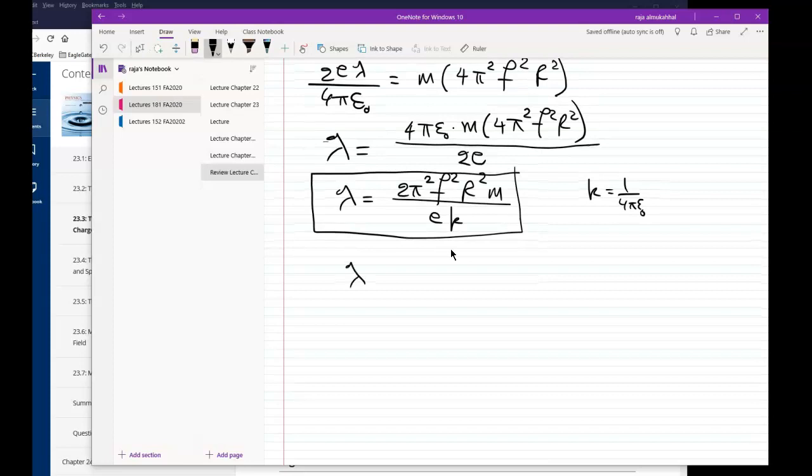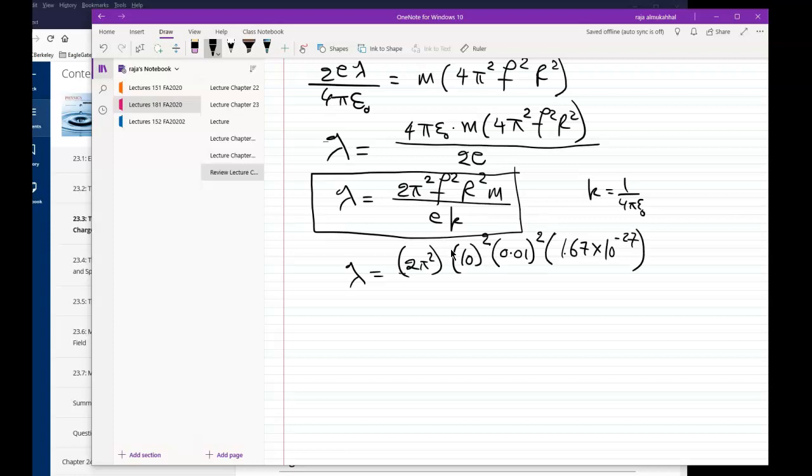So lambda is equal to 2 pi squared, the frequency 10 to the 6 squared. The radius, he said, is 1 centimeter, so that's 0.01 squared. The mass of the proton, I would encourage you to memorize it, 1.67 times 10 to the negative 27 kilogram, divided by e k. e is the fundamental charge.